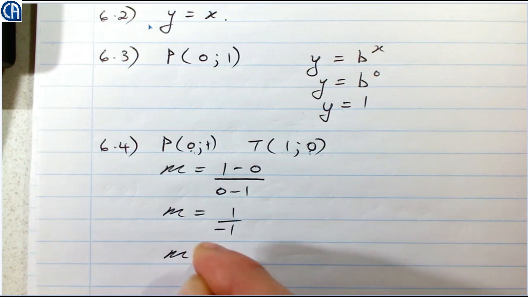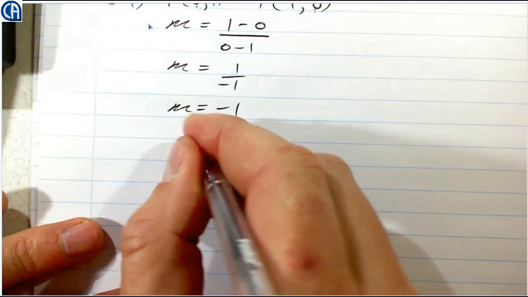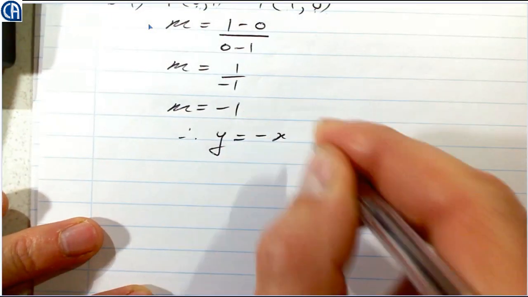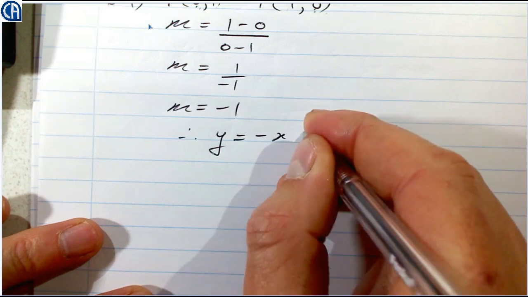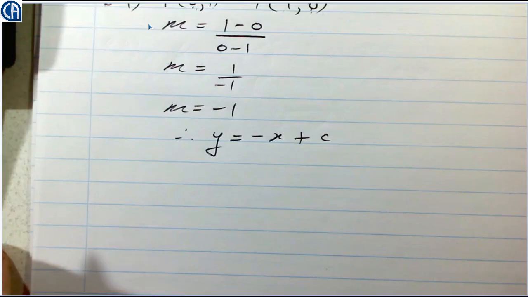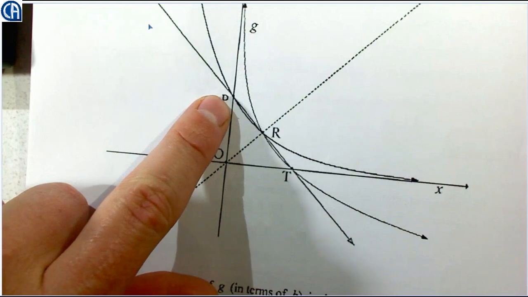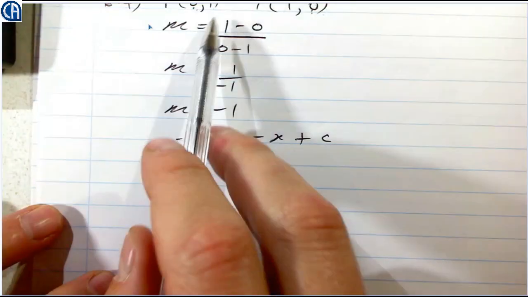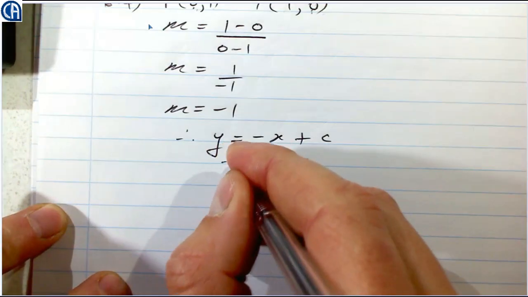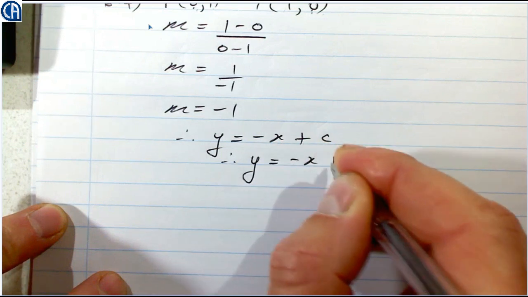So the gradient is negative 1. So the equation then would be y equals minus x plus c. But as you can see, P is the y-intercept and the coordinates of P are 0 and 1. So therefore the equation would be y equals minus x plus 1.